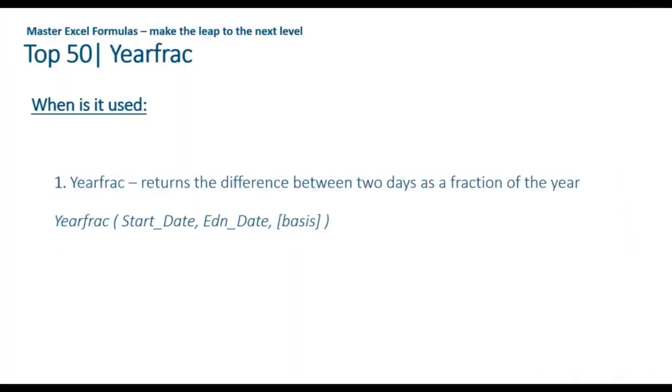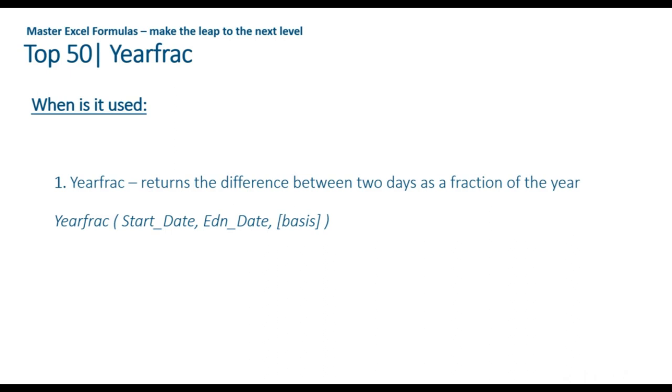The next formula is YEARFRAC, and this formula is quite useful, and I personally really like it, because when I have to analyze big sets of data with a lot of dates, sometimes I need to just get a fraction, like the percentage fraction between 2 days, for example based on a 360-day year.